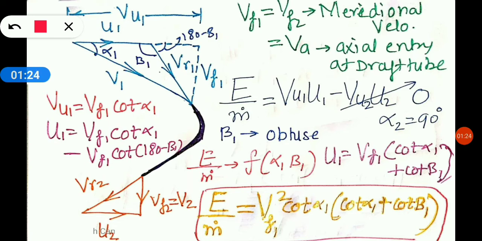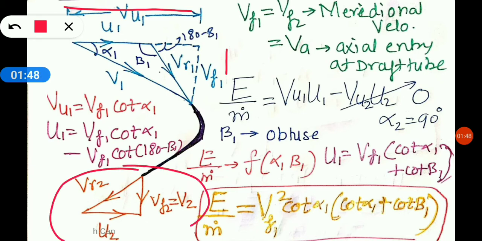So now what we'll do is, first of all let us understand this is the blade velocity, then here it is the relative velocity, this is the absolute velocity. Fine, then this is Vf1. Fine, this is Vu1, that is the whirl component. Okay, similarly exit velocity triangle.